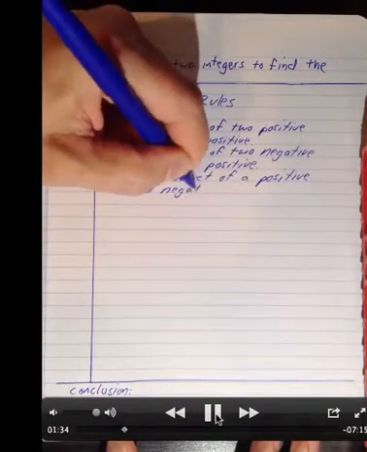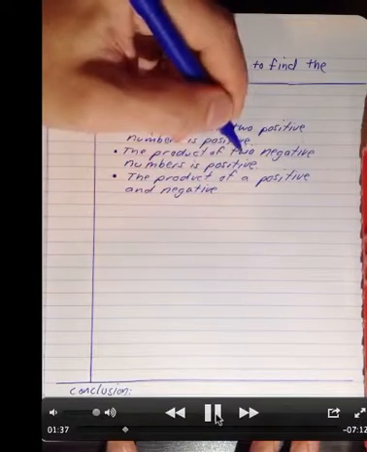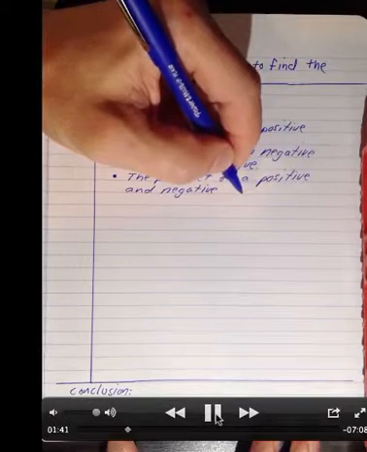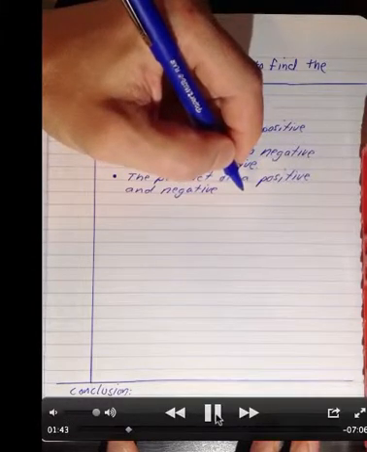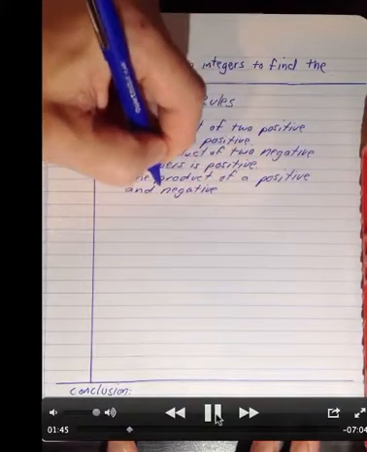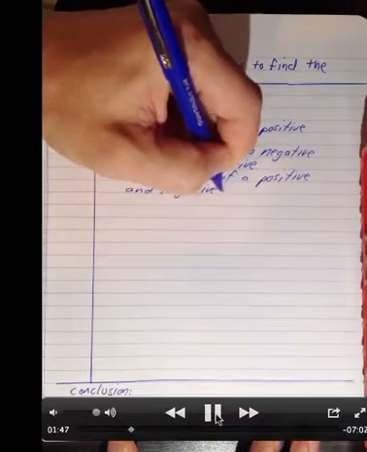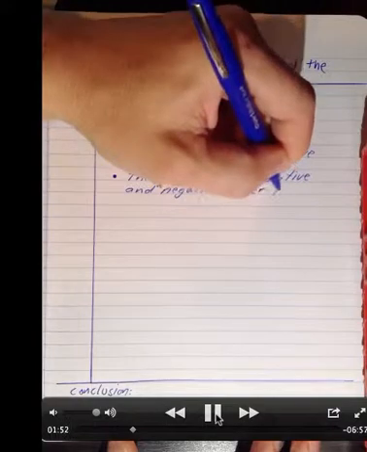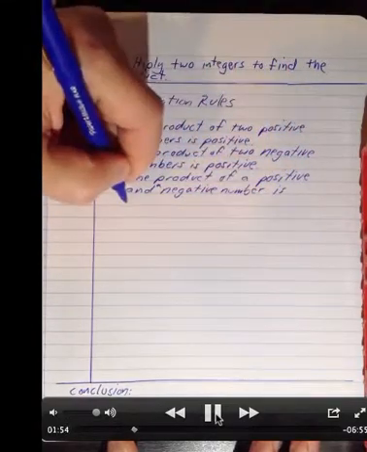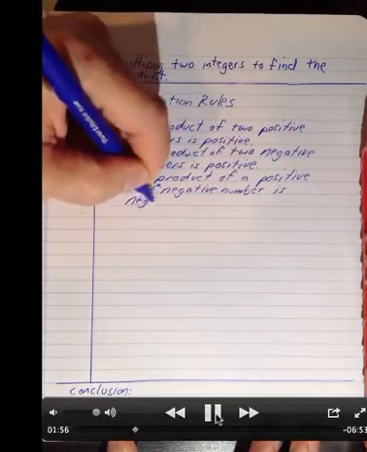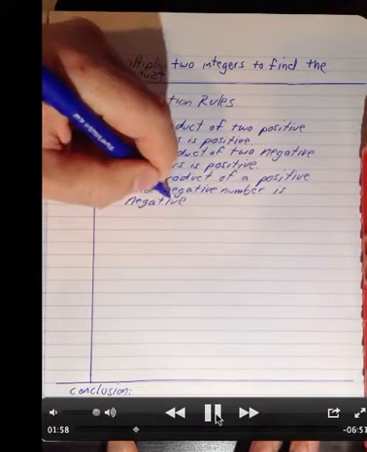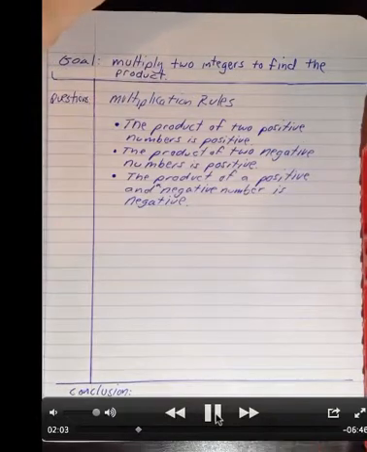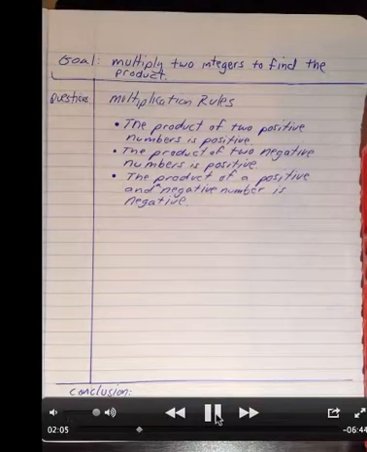Whenever you're working with integers, whether it's multiplying, dividing, adding, or subtracting, you always need to keep track of the sign of the number, whether the number is positive or negative. So the product of a positive and negative number is negative.